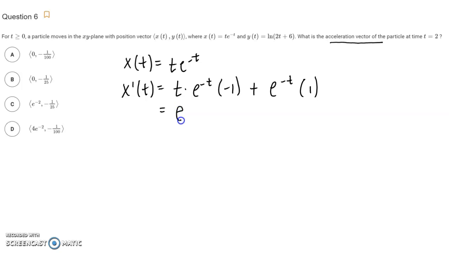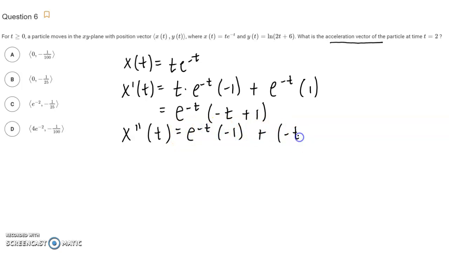I did factor out an e to the negative t here. I just think it simplifies the higher order derivatives, but that's my personal preference. So first times the derivative of the second, plus second times the derivative of the first.